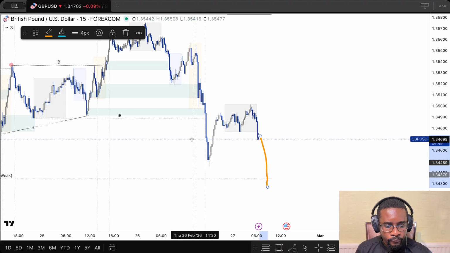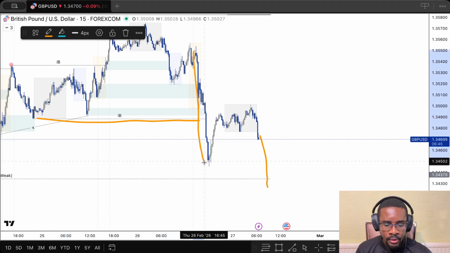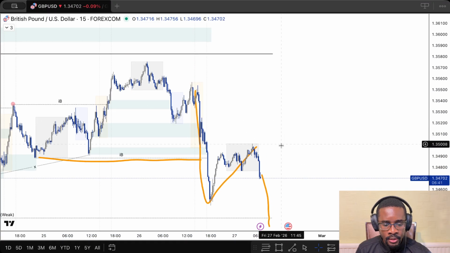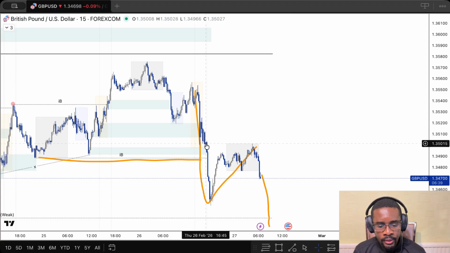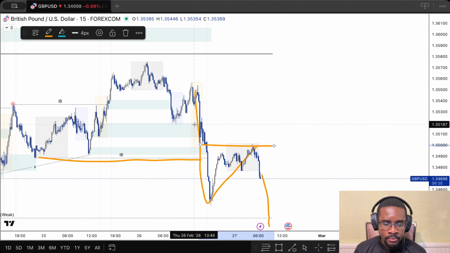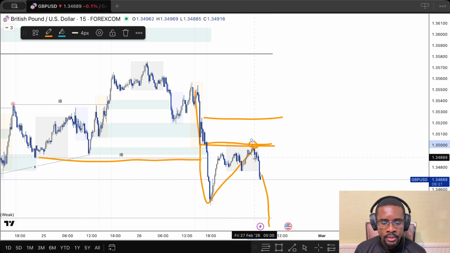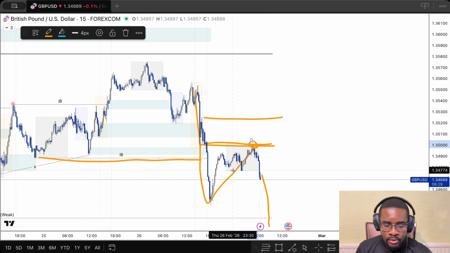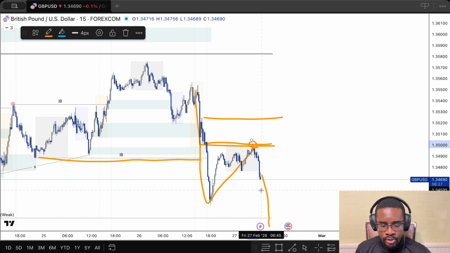We had a break of structure, and then price has had the internal pullback into some kind of structure right there, just mitigated. So price could just continue from this point onwards.